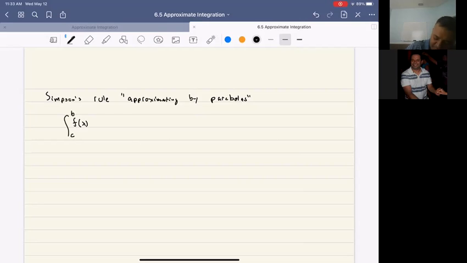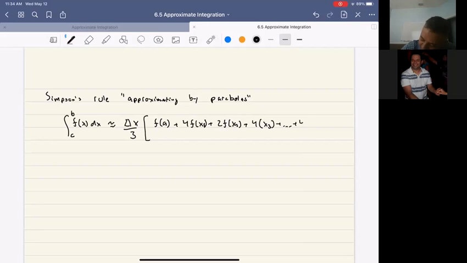So the integral from a to b of f of x dx is going to be approximately delta x over 3 times f of a plus, now we're going to add 4 f of x1 plus 2 f of x2 plus 4 f of x3 plus all the way up to 4 f of x_{n-1} plus f of b.